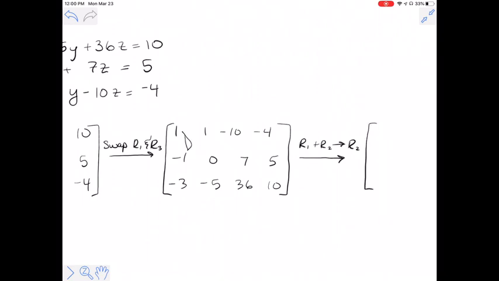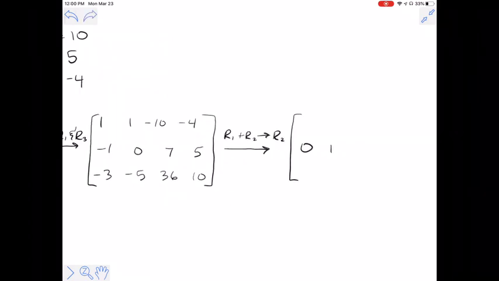So if I add these two, I'm going to get 0. If I add those two, 1 plus 0 is 1, so it's going to give me a 1 right there. If I add these two, that's going to give me a -3. And if I add those two, that's going to give me +1.